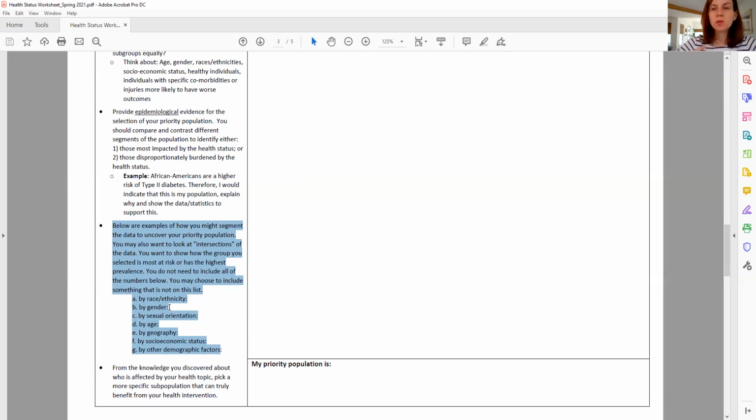So that's one example of a subpopulation with greater burden of HIV. But then when you look at MSM by race and ethnicity, you see that within that category, it's still not equally distributed, right? There are still health disparities within that population. So we'll see that Black MSM and Hispanic MSM have greater rates of HIV than white MSM. That's another good example of looking at the intersections of these subgroups.